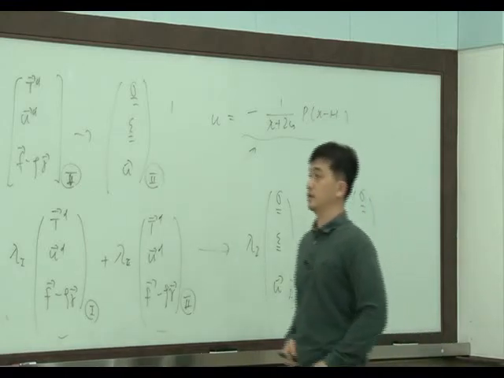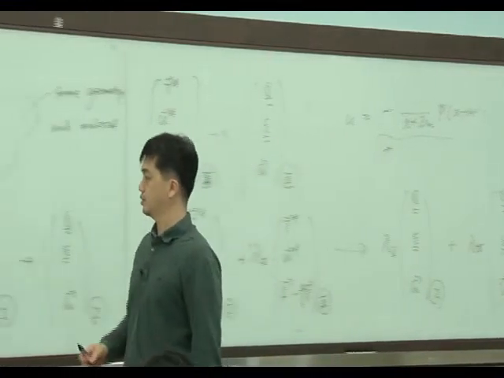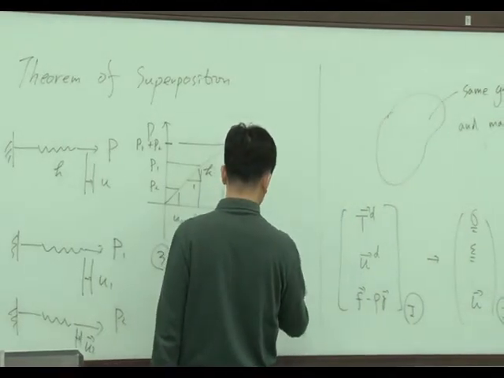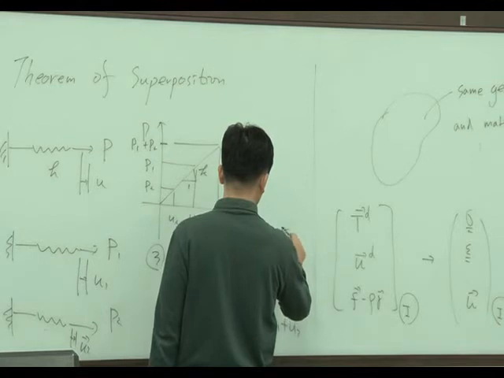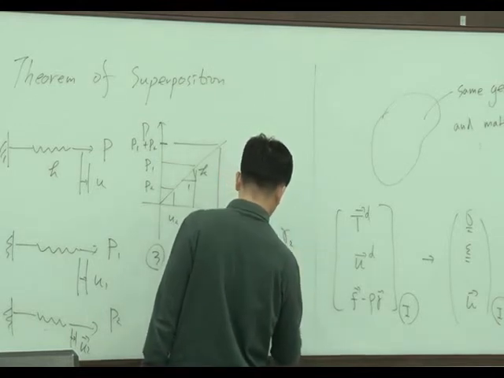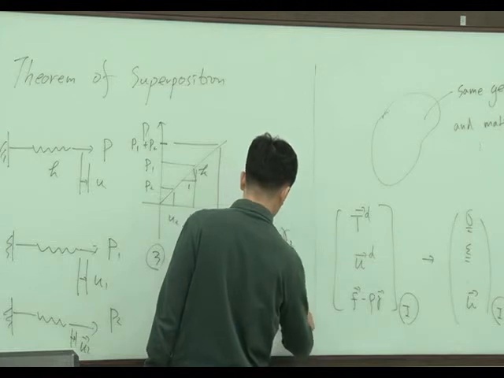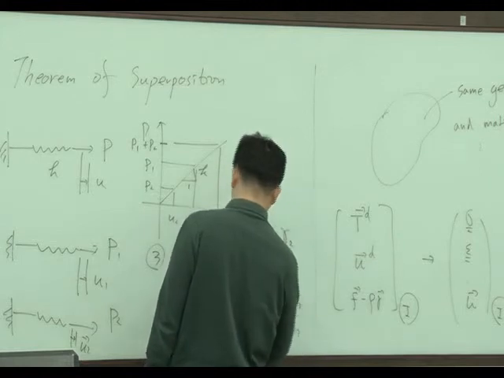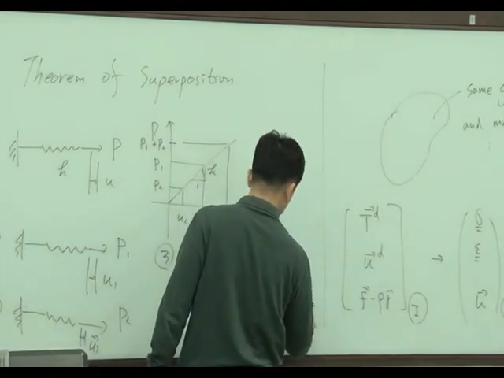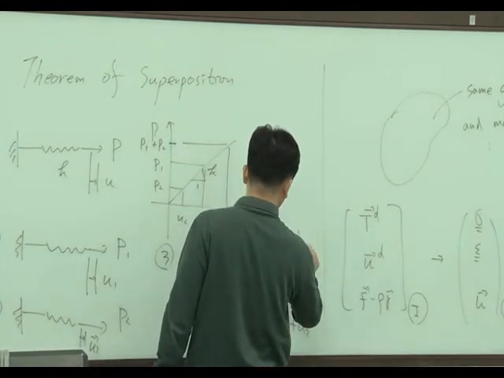Right? This is the superposition theorem. So here you can apply alpha 1, alpha 2. It becomes just alpha 1 u1, alpha 2 u2.